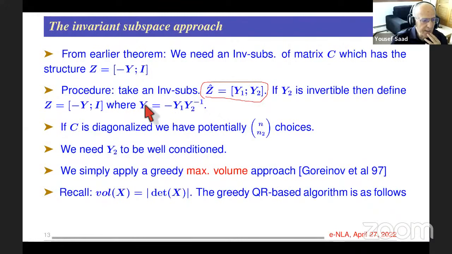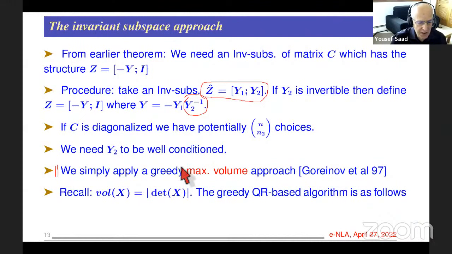And then I get the identity in here, and then I get minus y in here. So that's the approach. However, I need to get something for which this y2 is well conditioned, because I'm going to invert it. So for this, I would like to use a maximum volume approach. This is one known technique that people use, where you try to maximize the determinant.